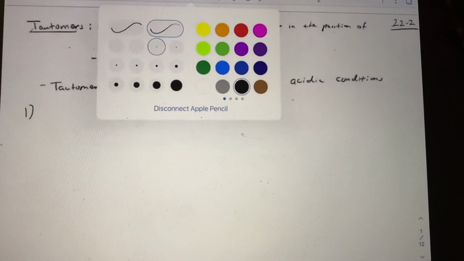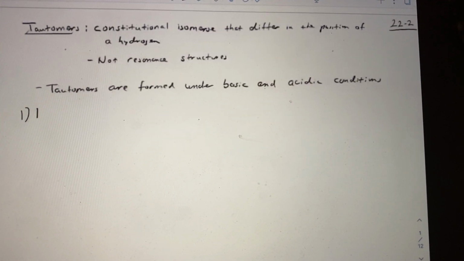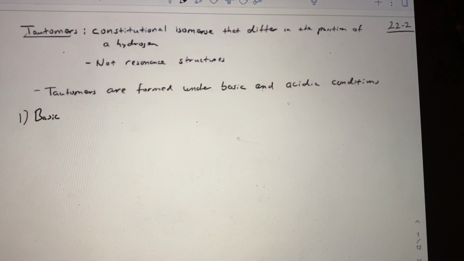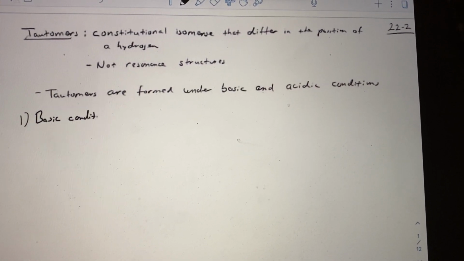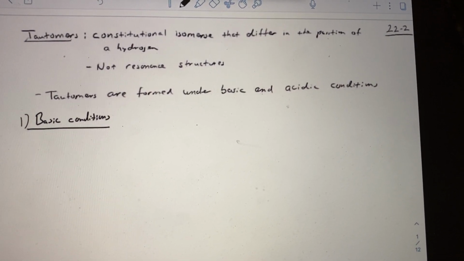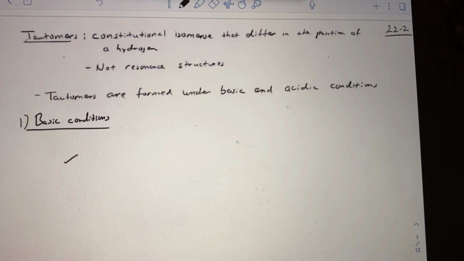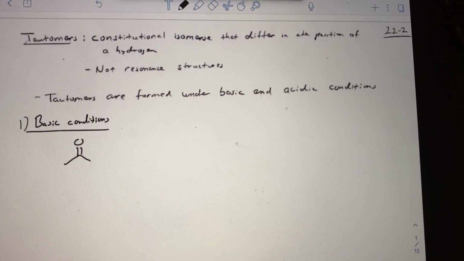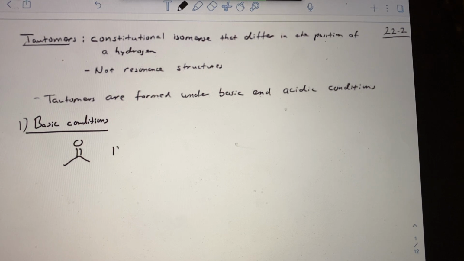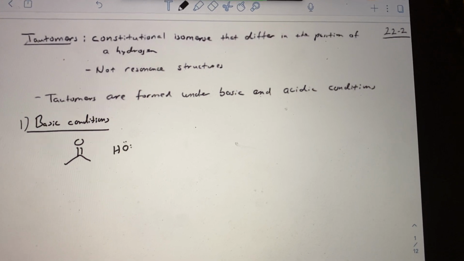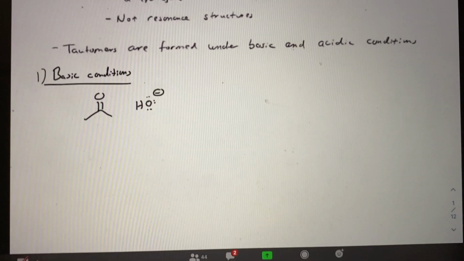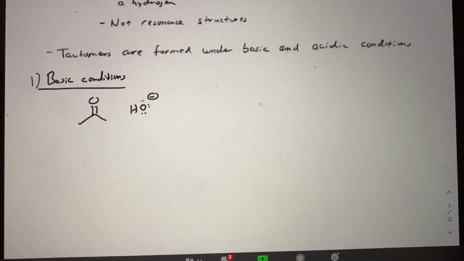So let's first consider the basic conditions. And we can go through this to review some of the types of mechanisms that we've seen before. So let's just take acetone in the presence of hydroxide. And actually one thing that comes up when thinking about this: isn't the hydroxide just going to attack here?